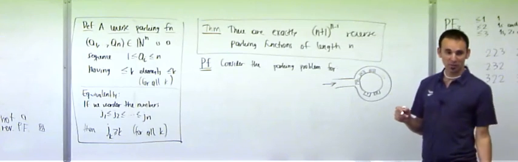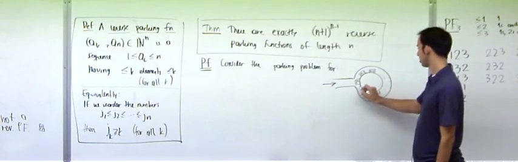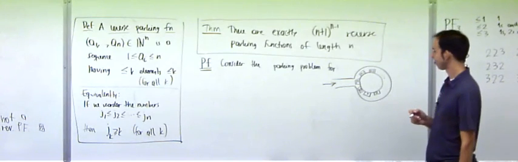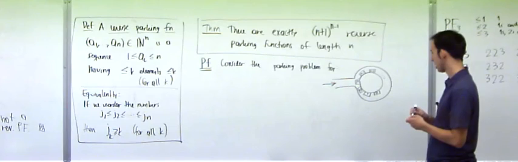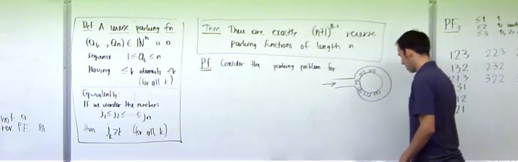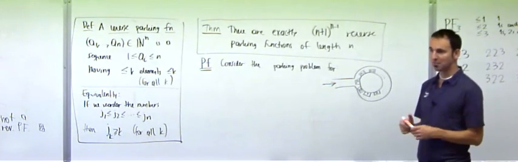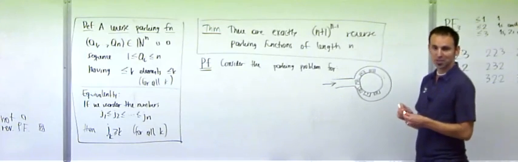And I'm going to add a parking spot, and I'm going to call it 0. But I'm considering exactly the same problem, except I'm just changing the road.